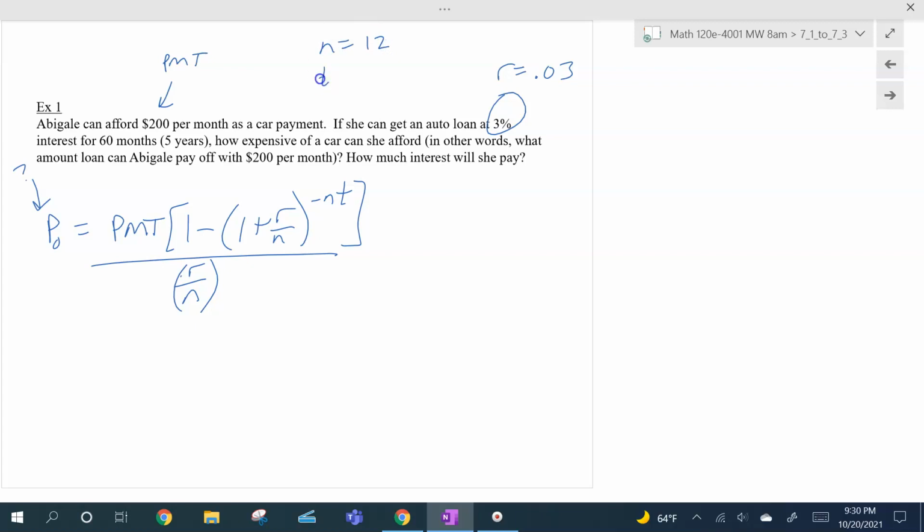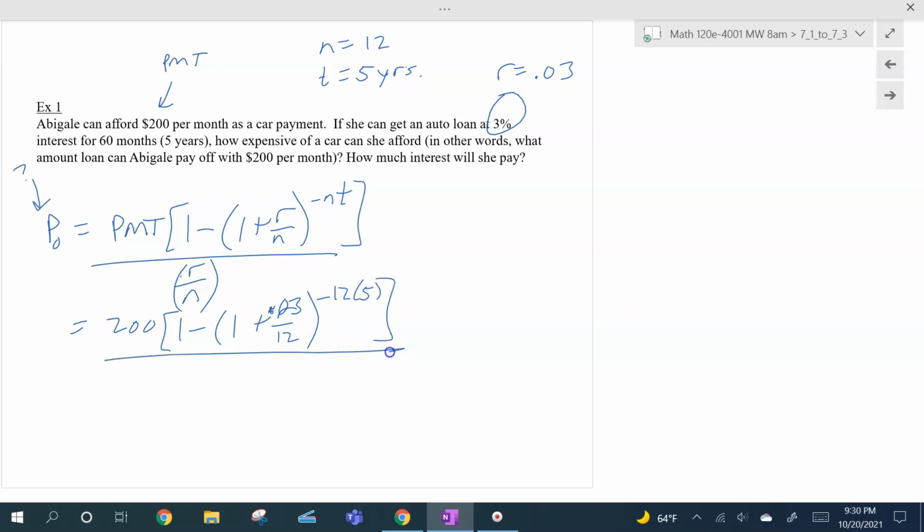Time is 5 years. And it looks like we have everything. So now we just punch it in. $200 a month, 1 minus 1 plus 0.03 over 12 to the negative 12 times 5, all over 0.03 divided by 12.